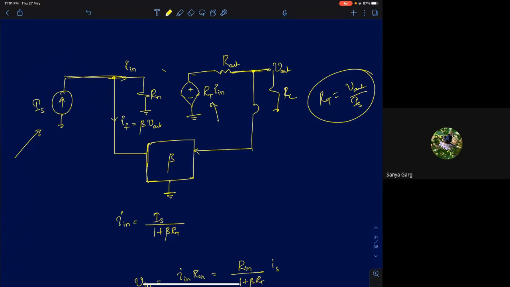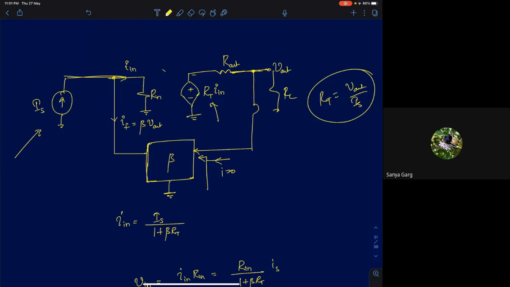Again, I'm going to make some assumptions about the feedback network. The feedback network does not load the forward amplifier, okay, which means it's not going to draw any current here. So what should be the impedance looking into this terminal? If it should not draw any current, it should be infinity, as high as possible.